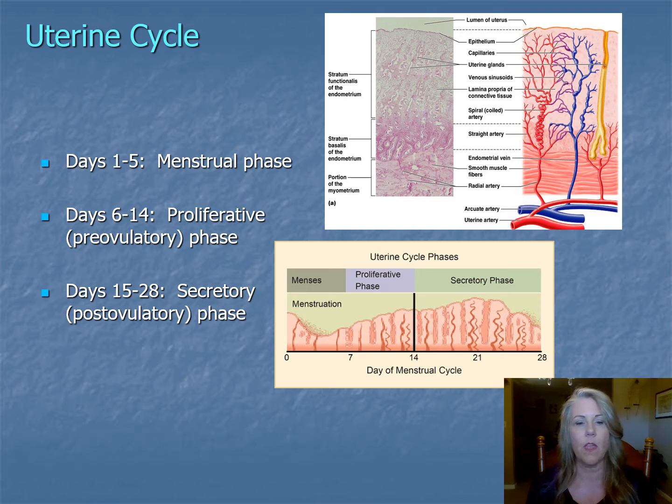This is pre-ovulatory, so ovulation hasn't happened yet in the ovaries. Days 15 through 28 we call the secretory. Not that they're telling secrets, but that they will secrete certain substances. Now we have certain glands within the endometrium that have the ability to secrete substances. That's post-ovulatory, meaning this happens after ovulation.